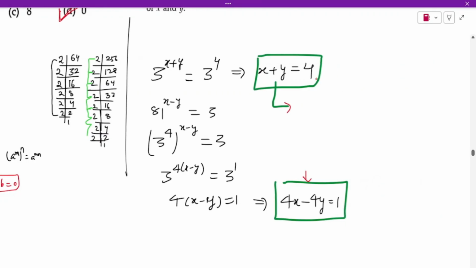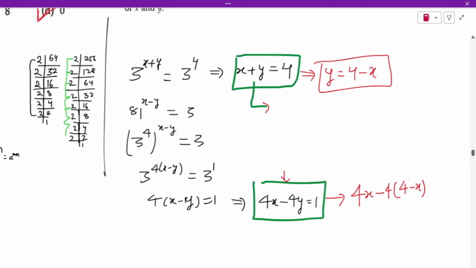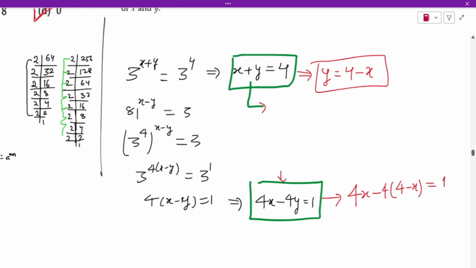So let's say I'm evaluating that in this equation, y is equal to, as x is in plus, it goes to the right in minus, so y is equal to 4 minus x. This value of y we need to put in the second equation. So this is 4x minus 4 times, in place of y we write 4 minus x, which is equal to 1.